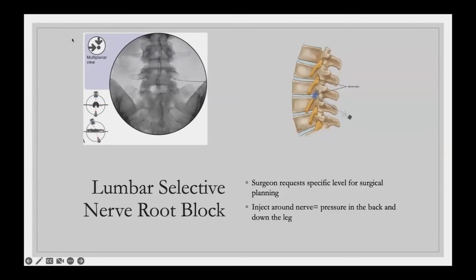Related to this is something called the lumbar selective nerve root block. Sometimes when the pain progresses and you come to a situation where you see a spine surgeon, they say, yeah, we want to do spine surgery for you, we think you'll do well, but we want to really pinpoint which nerves are affected.